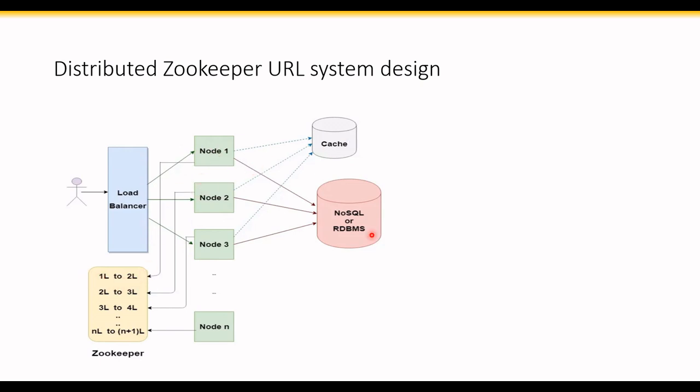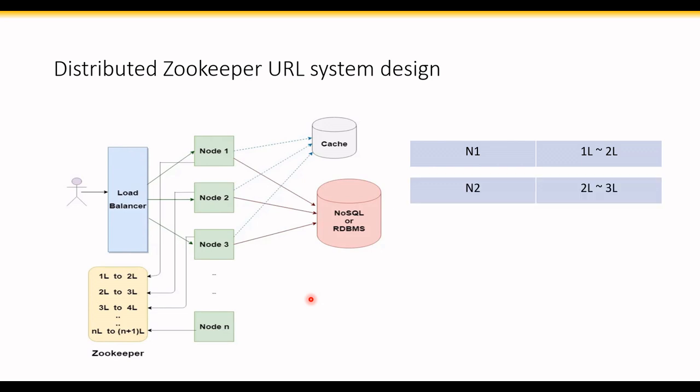In the given diagram, for the first server it will assign the counter values 1 lakh to 2 lakh, for N2 it will assign 2 lakh to 3 lakh, and for N3 it will assign 3 lakh to 4 lakh. Whenever these app servers generate tiny URLs using these decimal values, they are guaranteed to get unique tiny URLs. So this design ensures a guaranteed no-collision system.